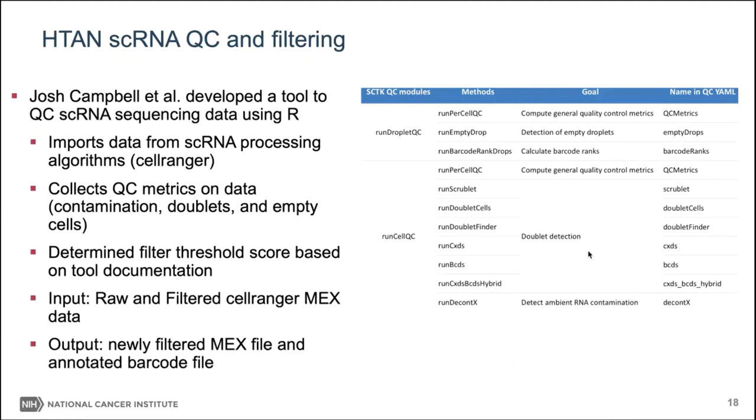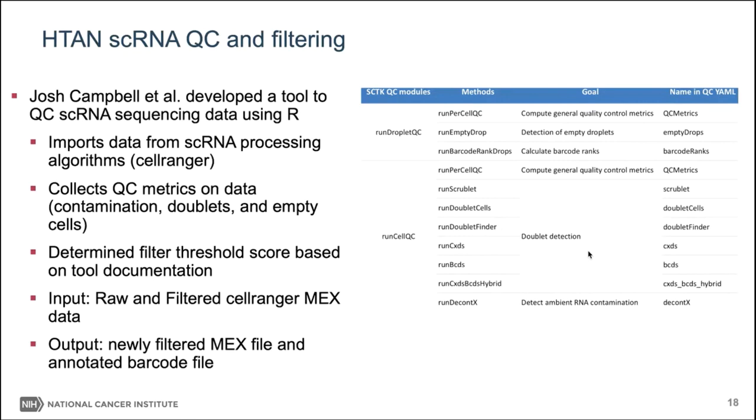Then we have the H10 single cell RNA-Seq QC and filtering workflow. This was developed by Josh Campbell's group, and he developed this tool to further QC single cell RNA-Seq analysis using R. It takes in the filtered matrix files from Cell Ranger.